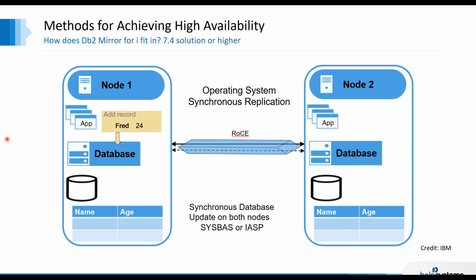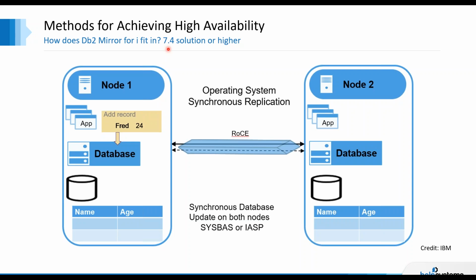So I guess the first one we'll talk about is DB2 Mirror for i. This arrived with 7.4 with a fanfare, and in some quarters it's described as game-changing. In essence, this solution is aimed at those environments where continuous availability is required, not just high, continuous.